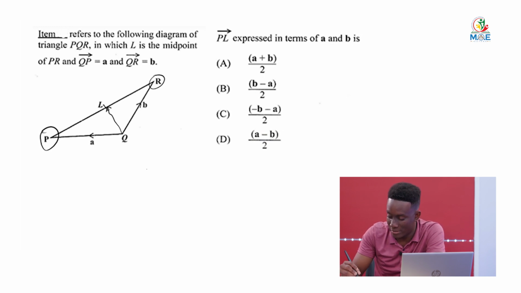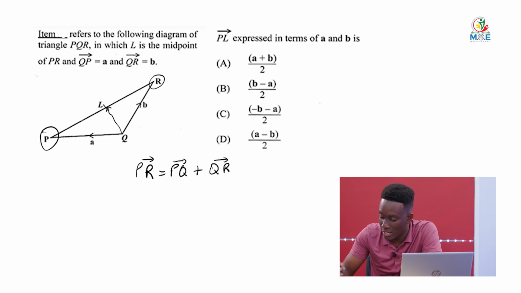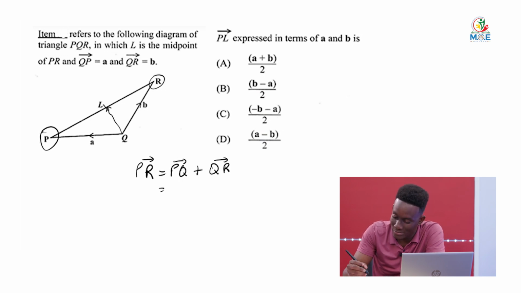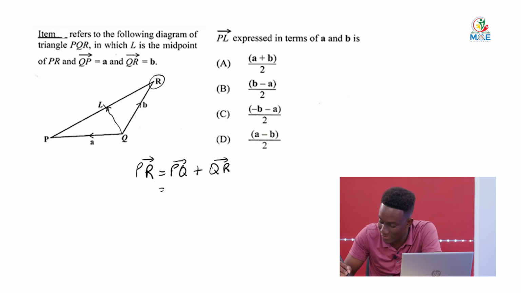So vector PR is equal to, we can go from P to Q plus, and then we can go from Q to R. So we know QP is A, so that means PQ will be negative A plus, and we know QR is B. So we know PR will be negative A plus B.